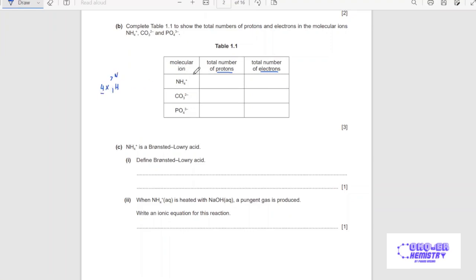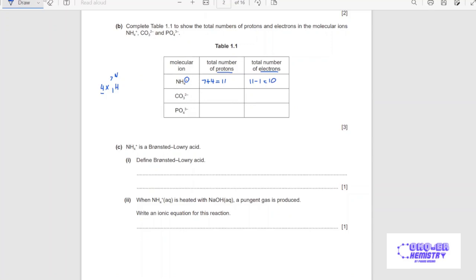And so when you add these up, you're going to get 7 plus 4 equals 11 protons, right? Now the overall charge on this thing is positive 1. So that means that you're going to have 1 less electron than the total number of protons. So we're going to subtract 1 from 11, that gives us 10.